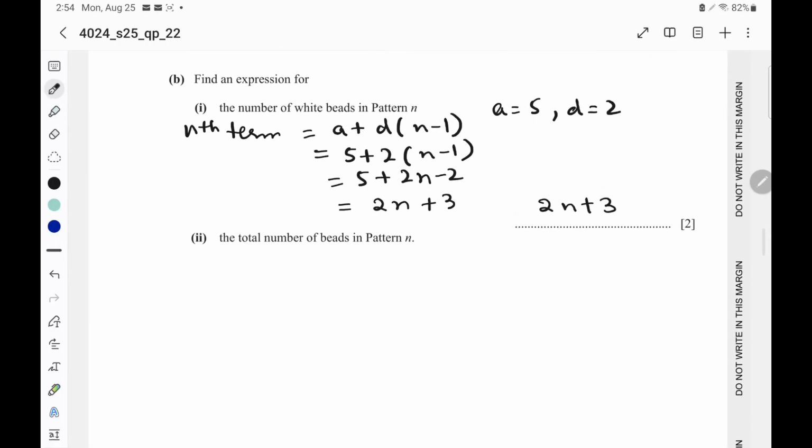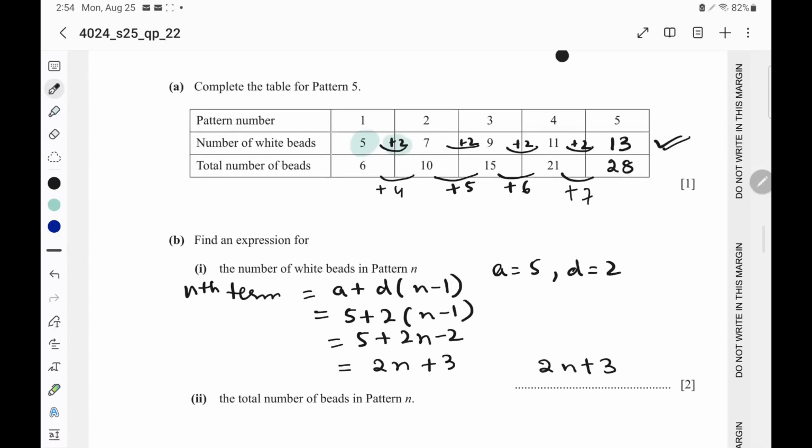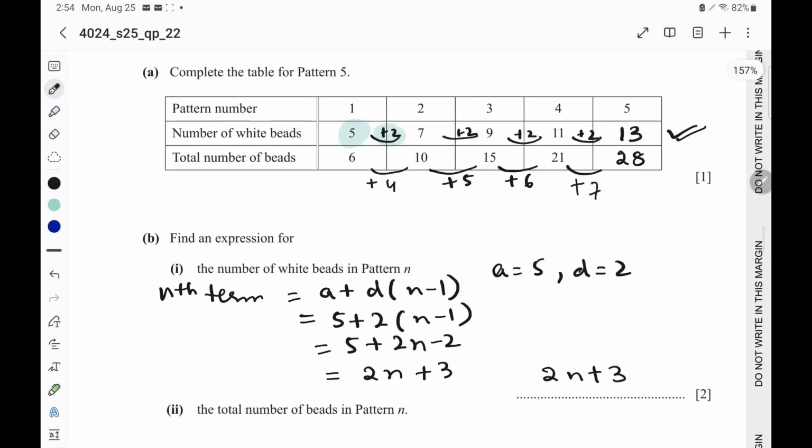Okay, find an expression in part 2 for the total number of beads in pattern n. So the total number of beads in pattern n is 6, 10, 15, 21 and 28, and we don't have the same difference. We have 4, 5, 6, 7. It means that further we'll have to take the difference to get the same difference, which will come in the second difference.